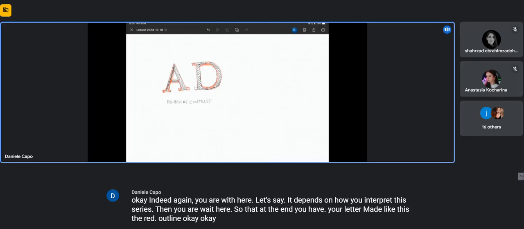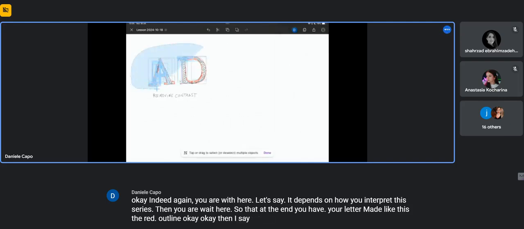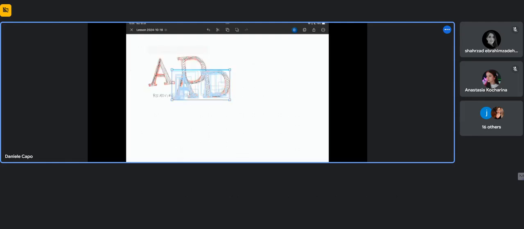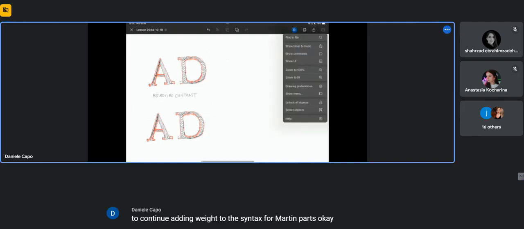Then I said, select objects. I said to continue adding weight to the thin parts, the former thin parts.